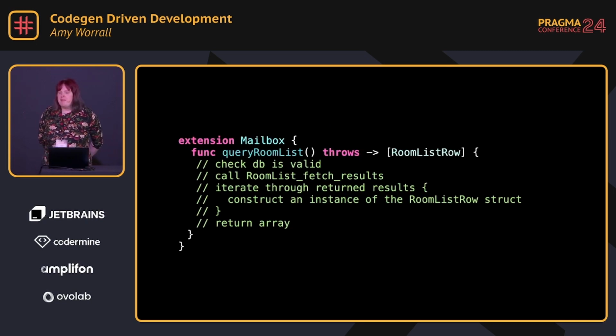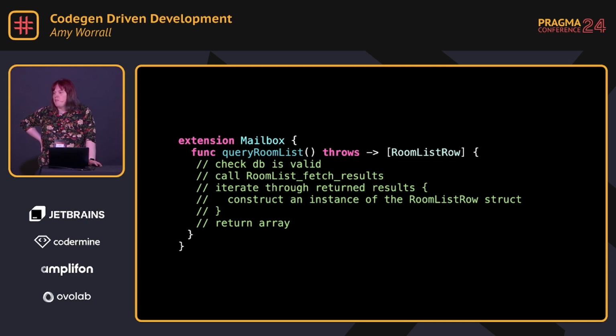So how would we go about making that manually? Like if I was making this query room list function, let's assume that we've got our room list CQL stored procedure. And if I wanted to make a Swift function that will go and call it, using the C API that CG-SQL provides, I'd have to do something like this. I'd have to check that the database is valid.